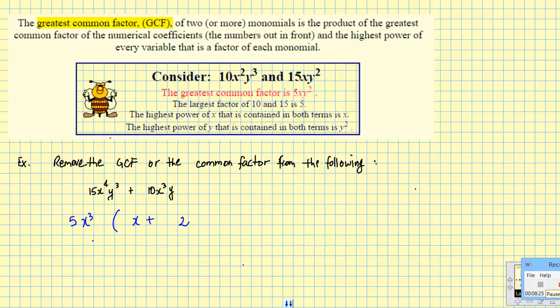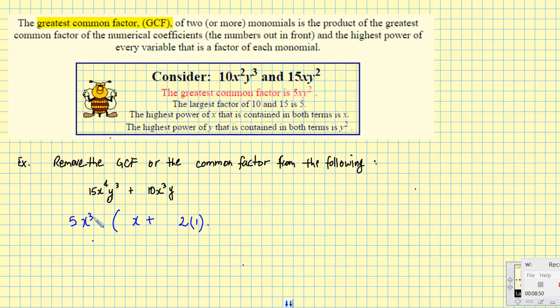So as I was saying, x to the 4th divided by x cubed gives me x, and then x cubed divided by x cubed will give me a 1. So there will be no x there because I've removed the x. The last thing I need to look at separately is the y. I've got a y and a y cubed.